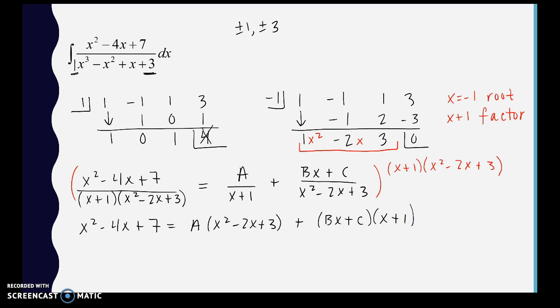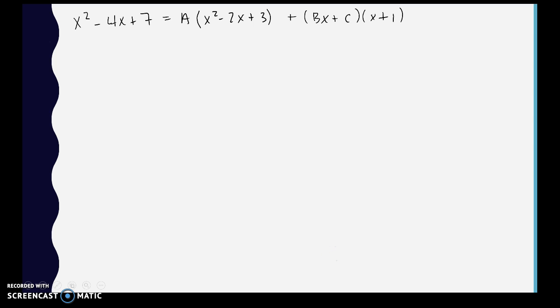All right, so I'm going to run out of room here, so I just rewrote it here. Now you can use the method of equating coefficients if you were to multiply the bx plus c times the x plus 1. But because we have a linear factor, we have a 0 of this factor. So let's substitute in some numbers.